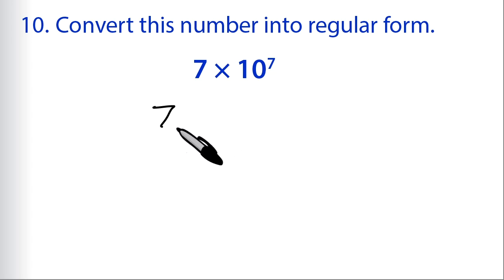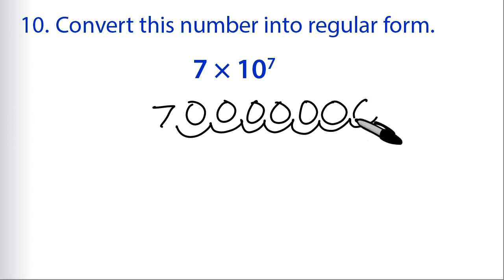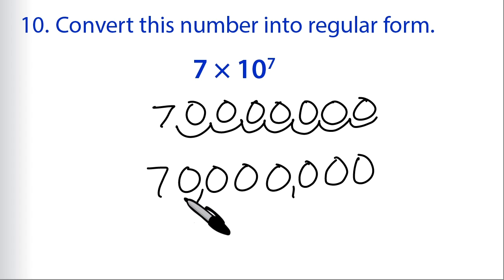Then we move it 1, 2, 3, 4, 5, 6, 7, and then we fill in zeros in these empty number places. We'll rewrite it without the movement lines there. So we have 7, 0, 0, 0, 0, 0, 0. And then we'll put in commas for the groups of 3, so it's easier to see that this is 70 million.